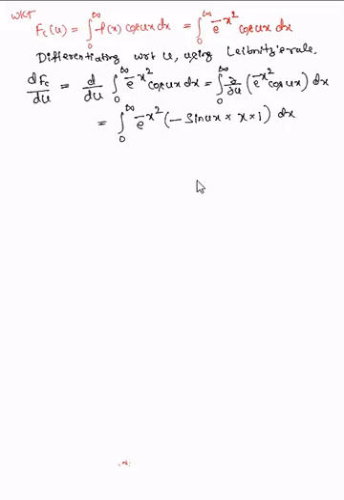I'll write this one as integral 0 to infinity. I'll write sine ux first, into this minus x e power minus x square.